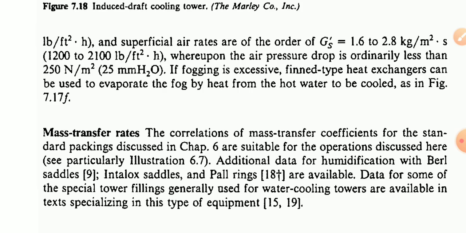The superficial air rates are of the order of G's = 1.6 to 2.8 kilogram per meter square per second, and 1200 to 2100 lb per feet square per hour, whereupon the air pressure drop is ordinarily less than 250 Newton per meter square.